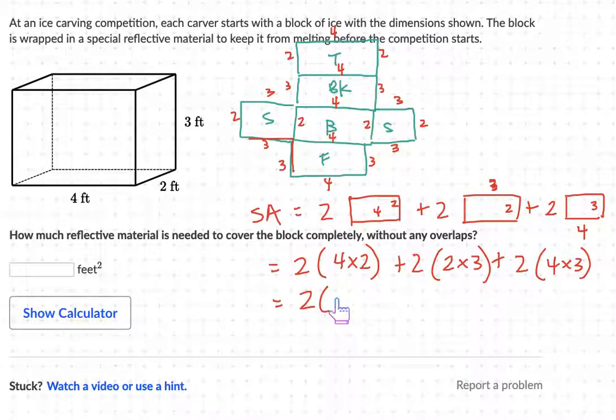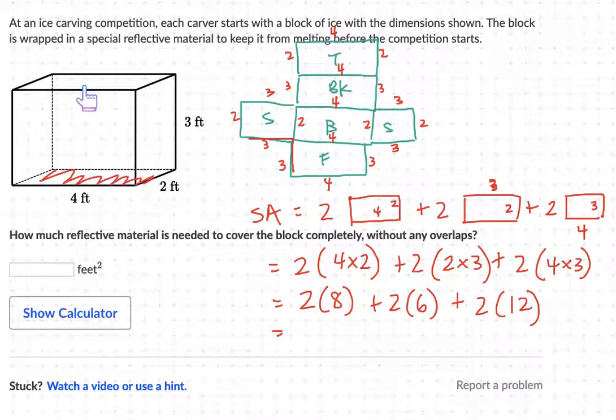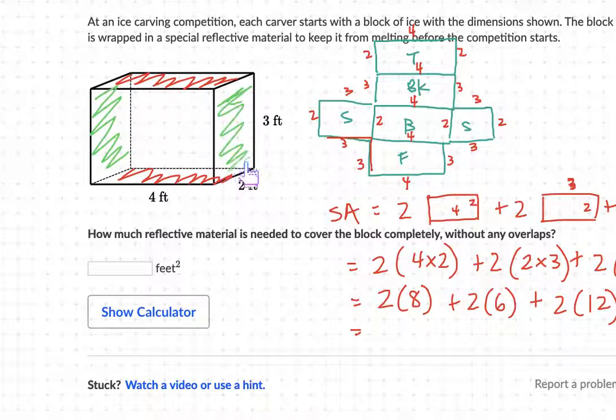So this is 2 times 8, because this length times width is 8, plus 2 times 6, because their length times width was 2 times 3, and this is 2 times 12, because 4 times 3, the length times width is 12.